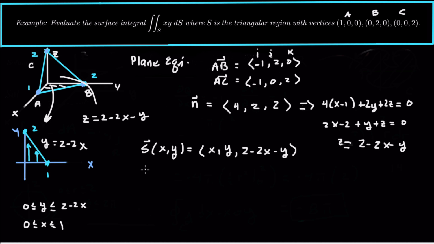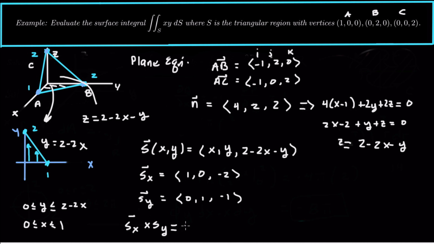Let's take the cross product. So Sx equals (1, 0, -2). Sy equals (0, 1, -1). And now I need Sx cross Sy. So take the magnitude after I get this cross product.